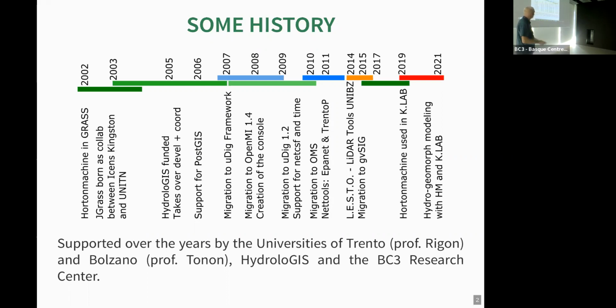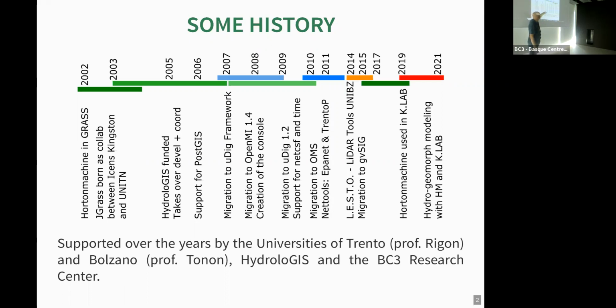This didn't work out well, and so in the following 20 years, we tried to find our place somewhere. The natural choice at the time was to try to end up inside a GIS. So we tried different things like entering uDig. For us, the important thing was to stay open source.